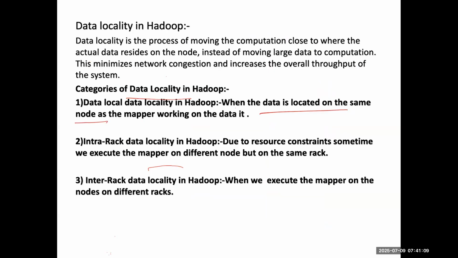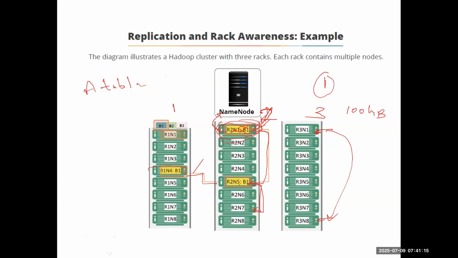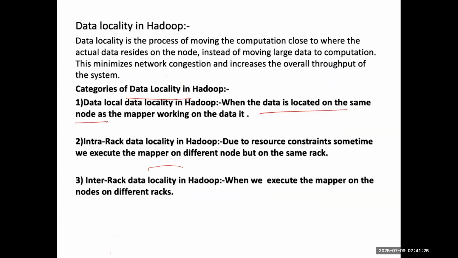Instead, we try to run it on the node where my data is present. But I told you, sometimes it may happen that because of a resource constraint, you have to run it on another node. You have to copy the data from there to another place and run. Let's suppose one job is already running and it takes some time. Then in that case, you will run it on some other node. Those things we call intra-rack or inter-rack data locality.